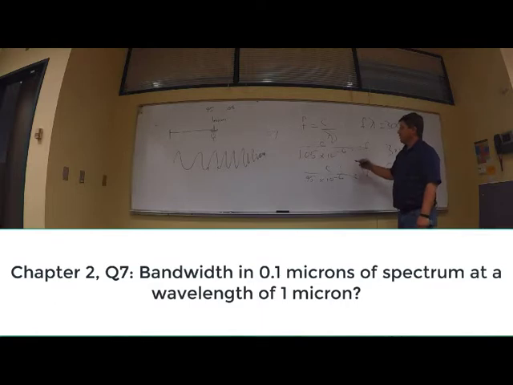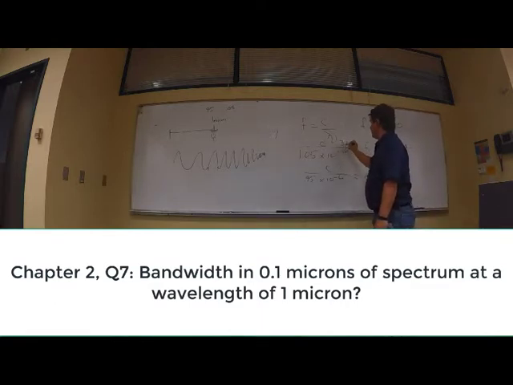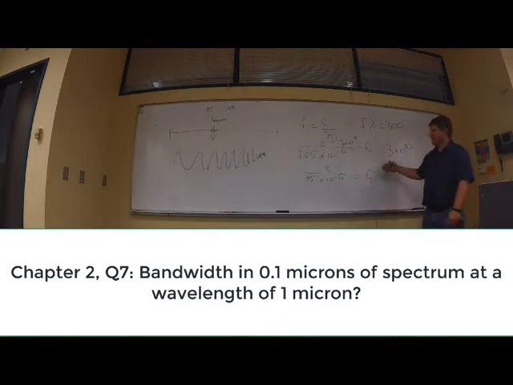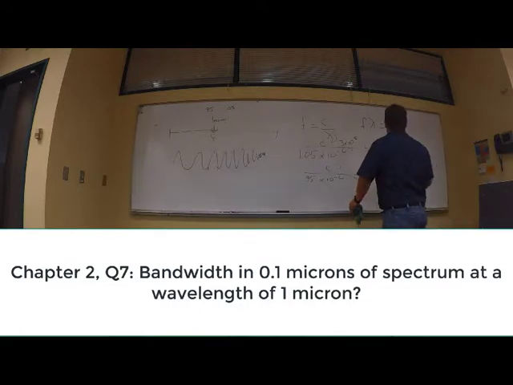So, if we do this, this is 3 times 10 to the 8th divided by this, and we do this subtraction. Anybody do the math for that? It's a crazy big number. So if you got a really big number, it's right, probably. 3 times 10 to the 14th, something like that. Yeah, it's 3 times 10 to the 14th, right?